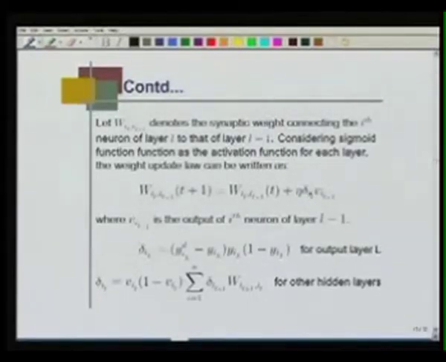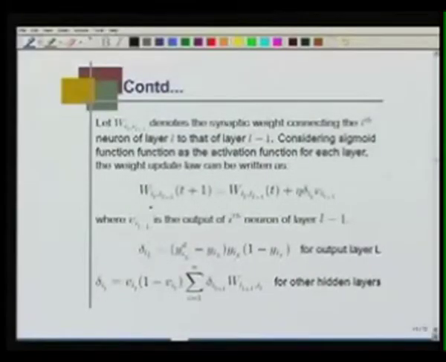And obviously you can easily see that delta_i_L, this L and this capital L, lowercase and uppercase, are same, we are not discriminating. Okay. So delta_i_L is (y_i_L^d minus y_i_L), this is our error at the output, and you have to multiply this term y_i_L into (1 minus y_i_L). That transforms the error at the output when it is back propagated.